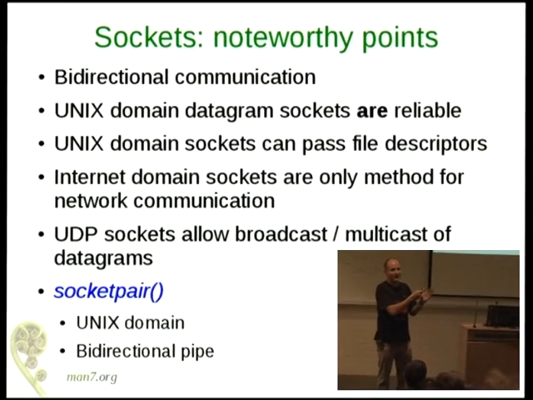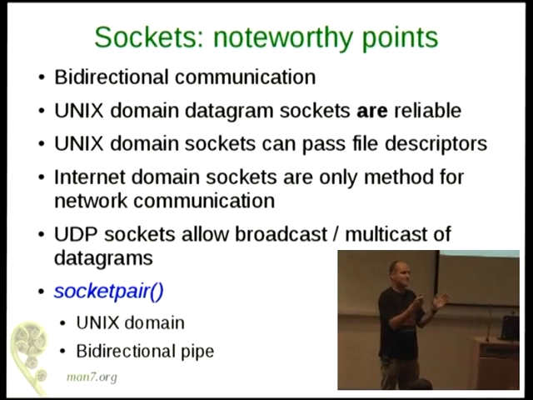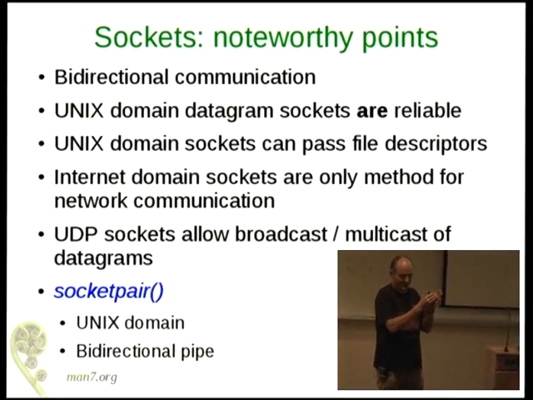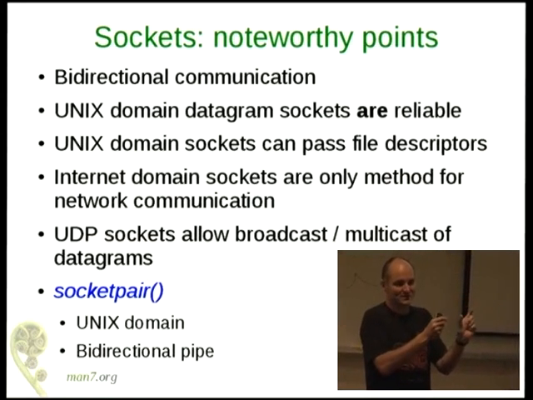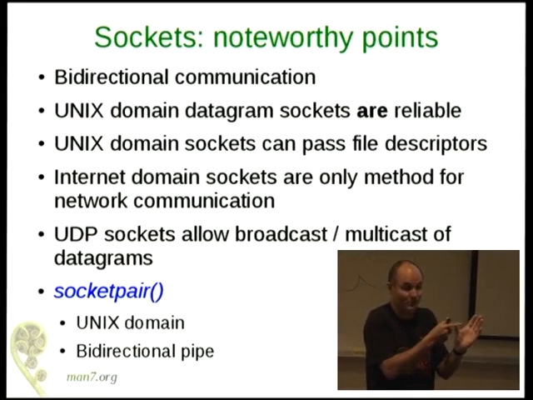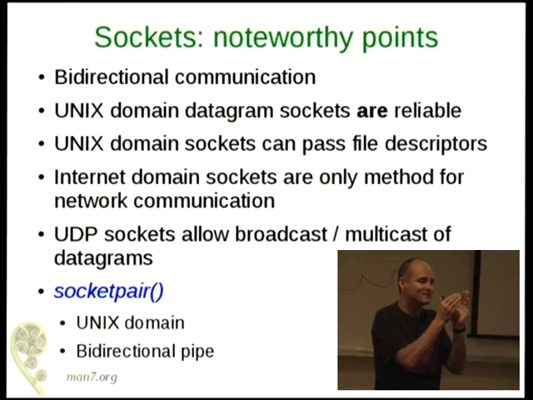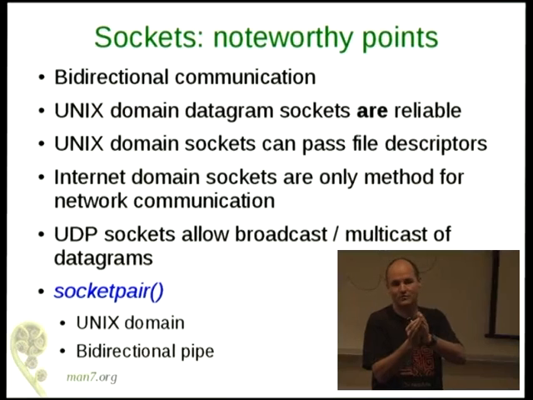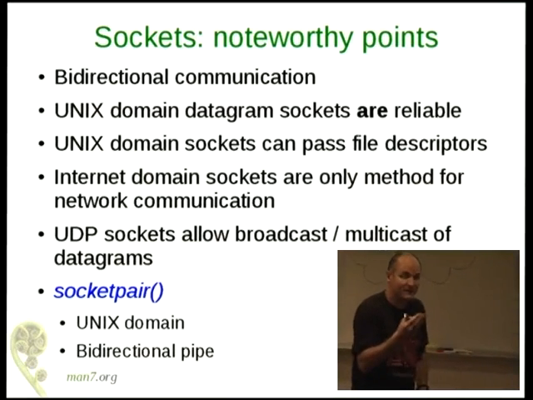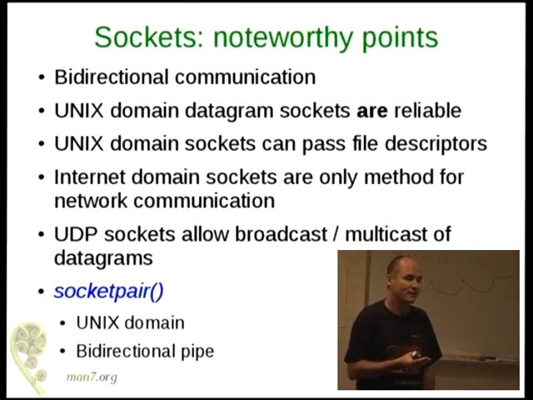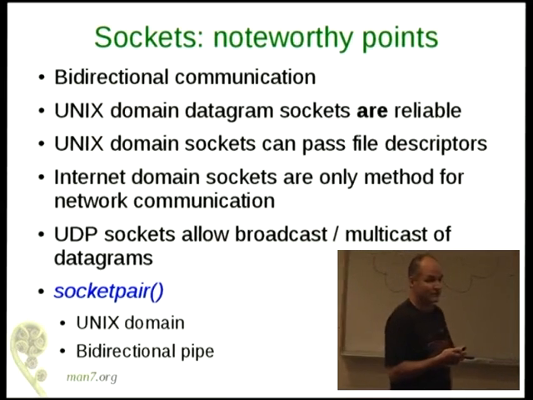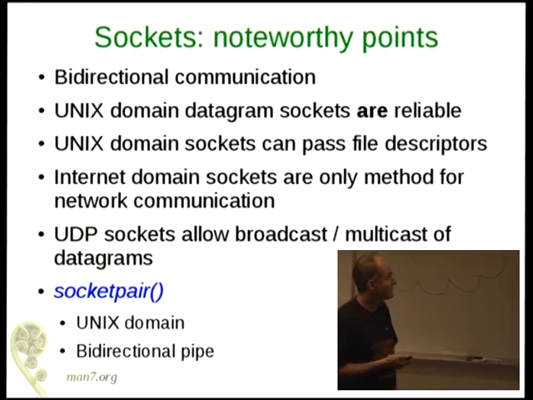One of them opens a file and then creates a connection to another process using a socket, and then uses a special socket-related system call, send message, to actually pass the file descriptor that it just opened to the other process. So it's a way of, in effect, passing access rights to a file object from one process to another. And that actually finds a lot of uses in different places.